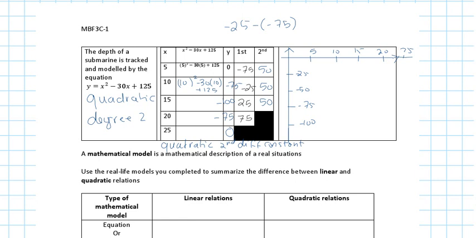Okay, so 5, 0, 10, negative 75, 15, negative 100, 20 is back to negative 75, and 25 is back to 0. So if I graph this, it's going to look like a quadratic after all.